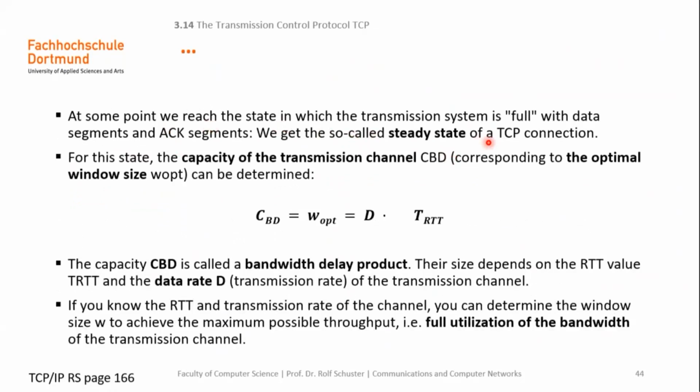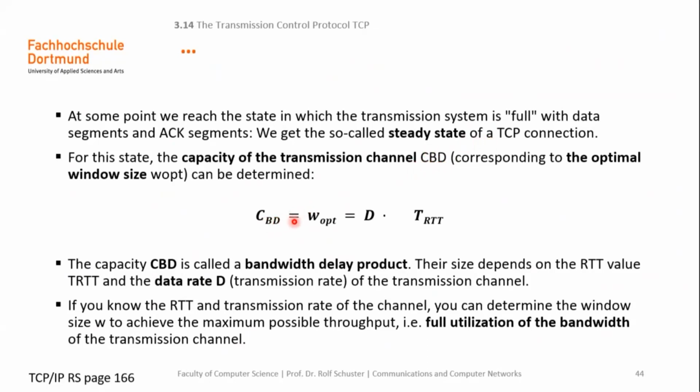Then, in this scenario, in this situation, we need to know or to establish the capacity of the transmission channel. This capacity is identified with this parameter called capacity bandwidth delay product.